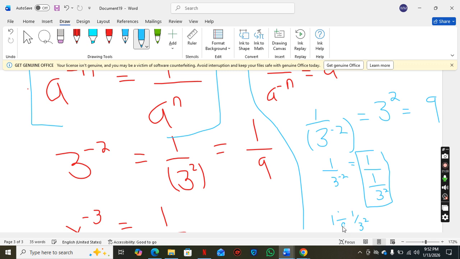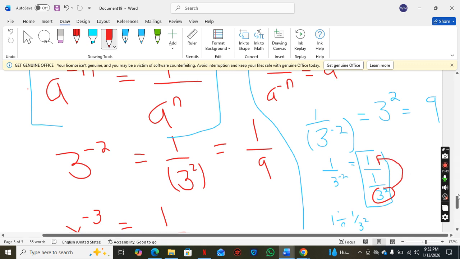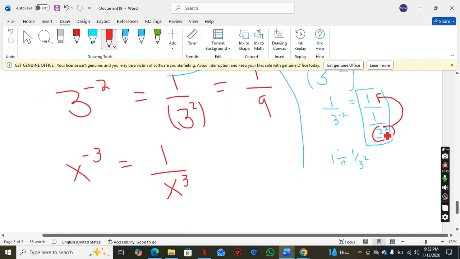So one trick you can use if you're ever in this situation where you have 1 over 3 squared is you just bring this 3 squared to the topmost numerator. Let me show you how it can easily come to this topmost numerator.